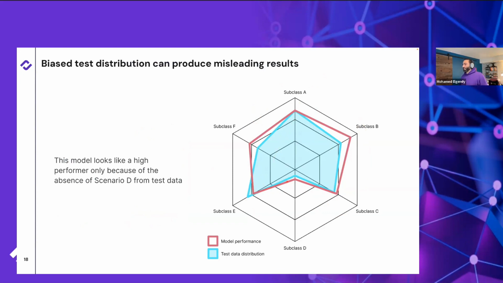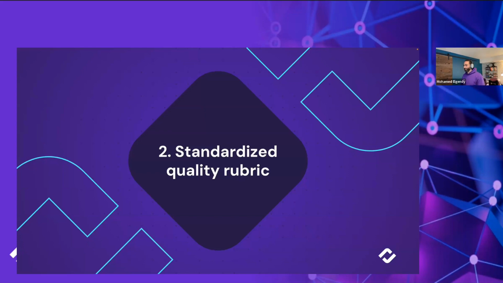So if we're using an aggregate metric, this model, while performing very poorly in scenario D, will give us a high score, because scenario D is not well represented in our data anyway. But unit tests can show you exactly that, yes, you'll see this scenario at a high score, but you will see as well that this scenario doesn't have enough data for you to have a high fidelity test. So that was the first part of curating high fidelity test.